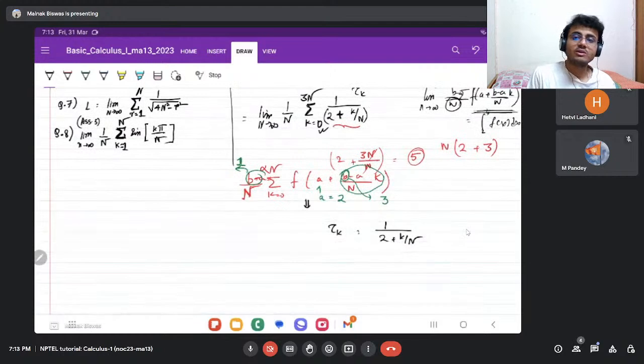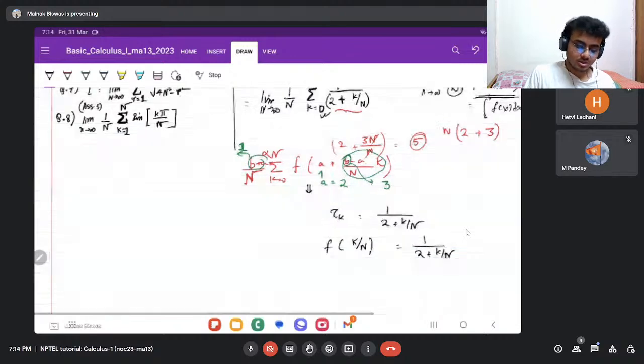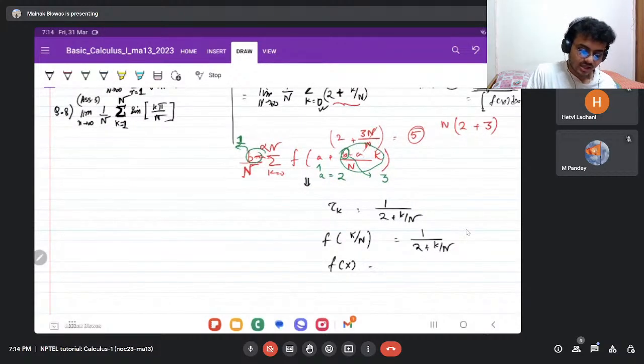So we said we will replace r by n by x. So we'll do something like this. Let us write f of k by n as 1 by 2 plus k by n. Agreed? Or we can write f of x as 1 by 2 plus x. Now there is no problem.